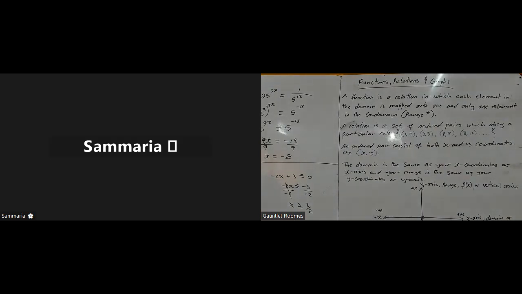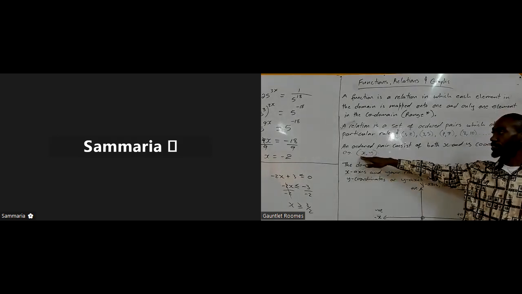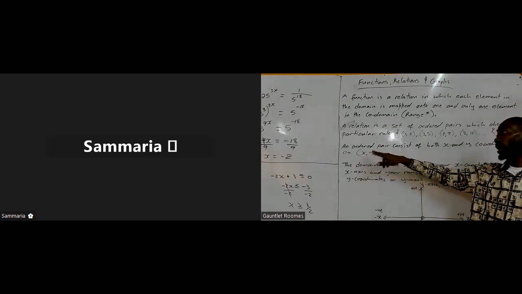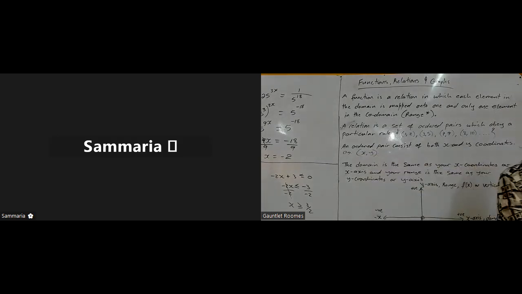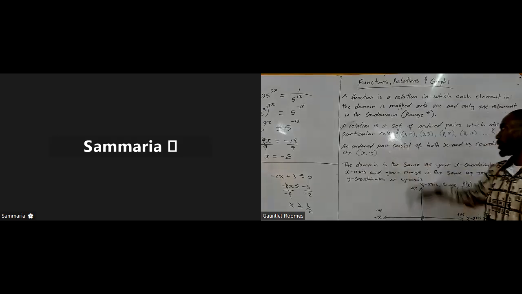That is what an ordered pair is. For example, the x is always the coordinate that comes first, and y is always the coordinate that comes after. So it is a set of ordered pairs that obey a particular rule. That is a relation. This is an ordered pair.